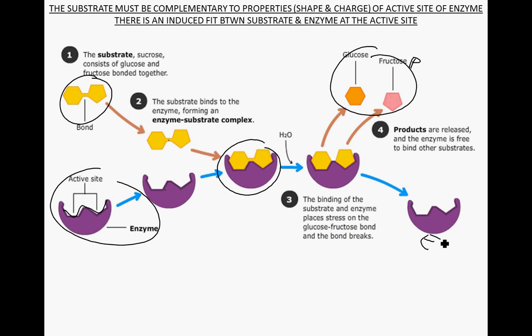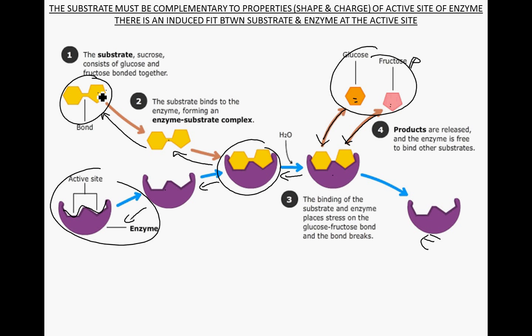I want to call your attention to the fact that both of these examples I've shown you involve a breaking down of a more complex molecule to two simpler molecules, but this reaction can also go the other way. So we can put arrows like this, where I could take two smaller subunits and use an enzyme to drive the reaction in the opposite direction as well, and I could then get two or more things to come together and form a larger molecule.